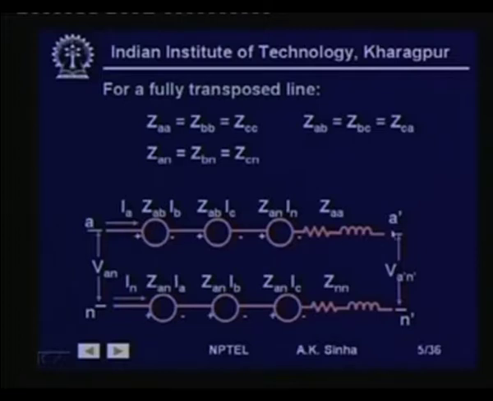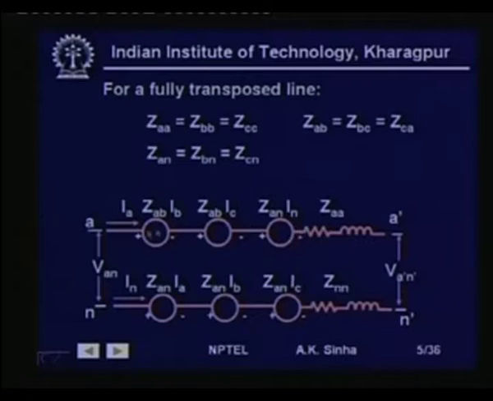This is the total drop from this point to this point. Similarly, for this current IN flowing on the neutral conductor, we will have a drop ZAN IA in this direction, ZAN IB in this direction, ZAN IC in this direction, and ZNN IN in this direction.